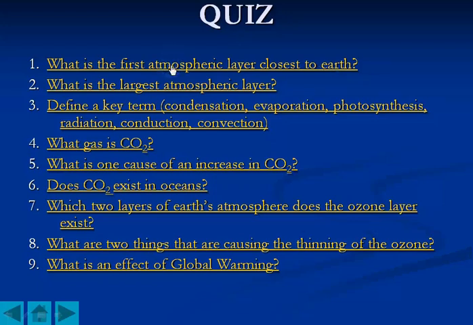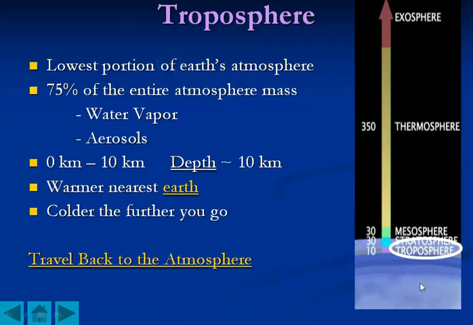So let's go to the slide here. This is the nearest layer, nearest to the Earth, the troposphere. The characteristic is it is the lowest portion of Earth's atmosphere. Around 75% of the entire atmosphere mass consists of water vapors. Its zone is from 0 kilometer, that is from the surface of Earth, to 10 kilometer, and it is warmer nearest the Earth.